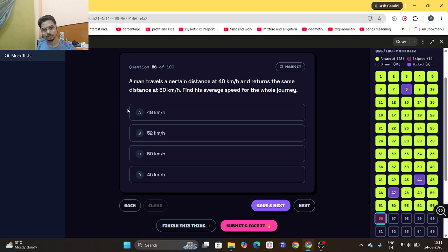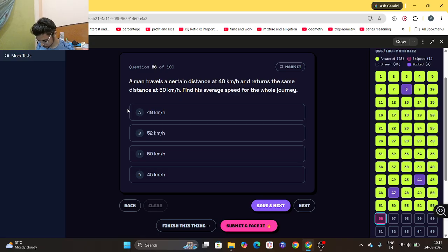Travel a certain distance at 40 km per hour and return the same distance at 60 km per hour. Find the average speed for the whole journey. 120 kilometers. Speed is equal to total distance upon total time.